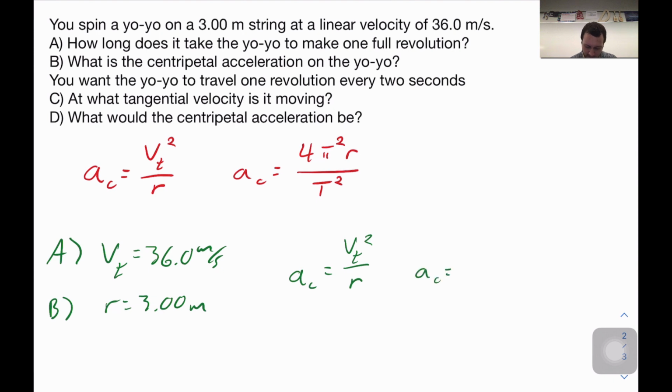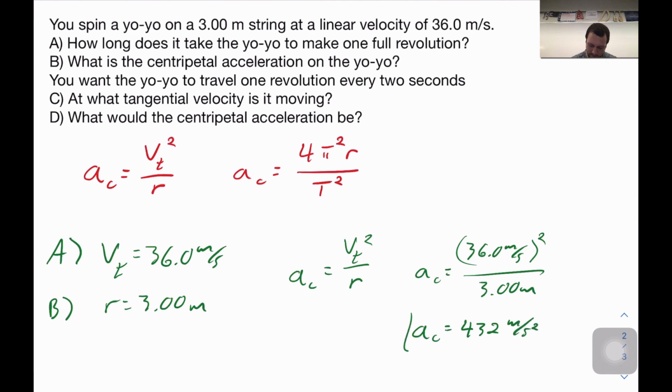So our centripetal acceleration is going to be 36 meters per second, squared, divided by our radius, which is 3 meters. So our centripetal acceleration, which is technically part B, comes out to be 432 meters per second squared.